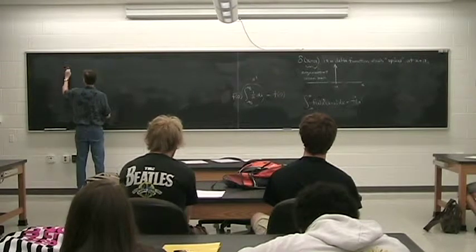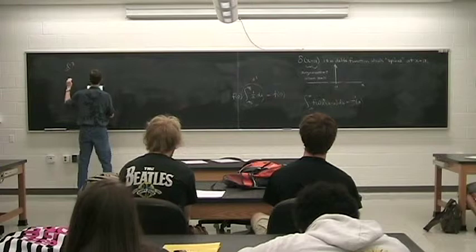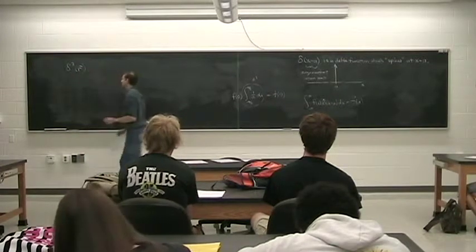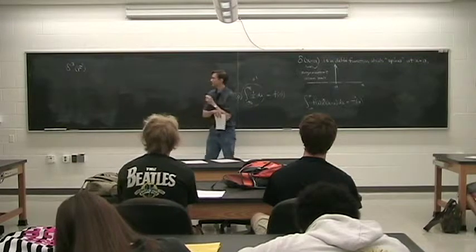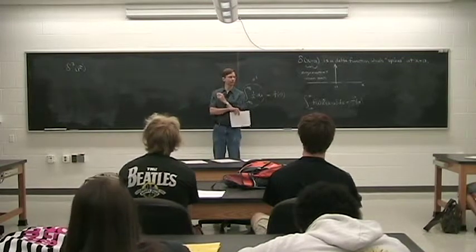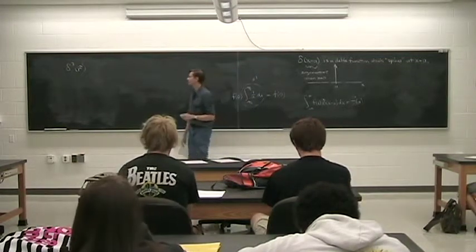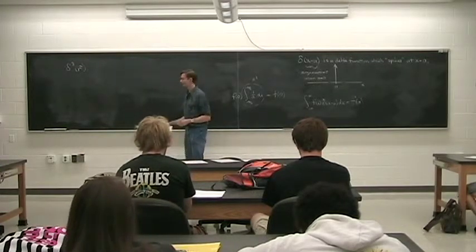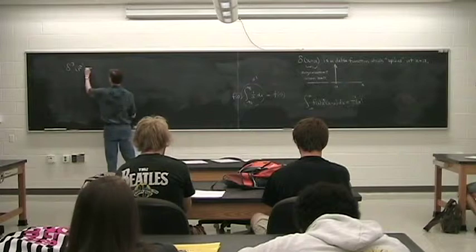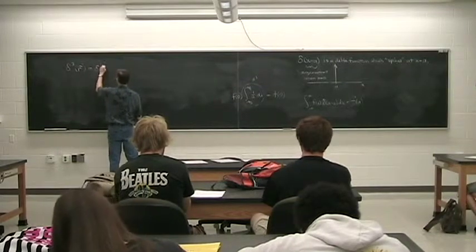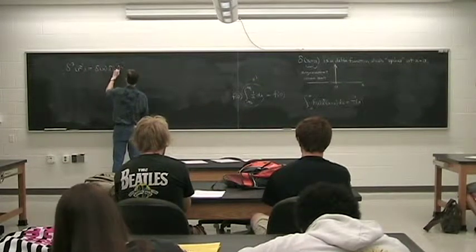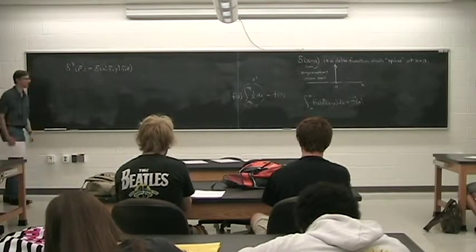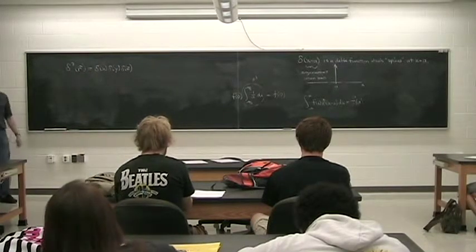We want to have a delta function to work in 3 dimensions, and to create that beast, we make the three-dimensional Dirac delta function, delta 3 of r with the vector argument, just equal to the product of three one-dimensional delta functions: delta of x, delta of y, delta of z.